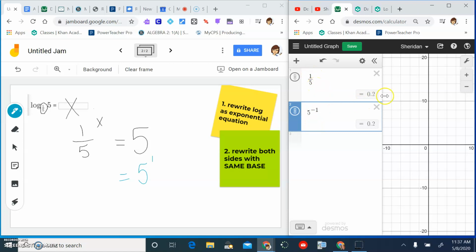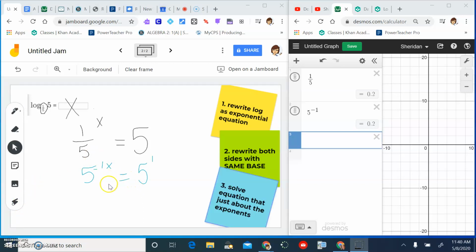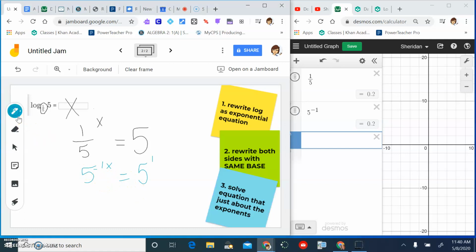Remember that? 1.2, 0.2, those are the same. So I can rewrite this as 5 to the negative 1, and then don't forget the x. Okay, and then once we've got the same base, then we can just look at the exponents. 5, and then this exponent is negative 1x equals 5 to the 1.